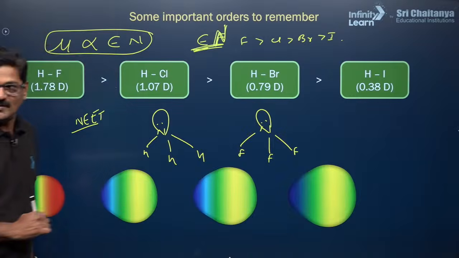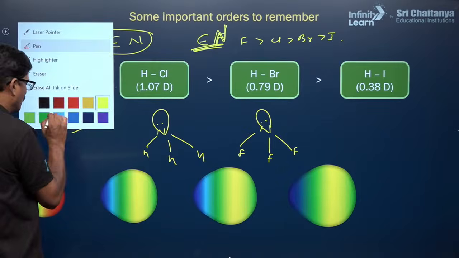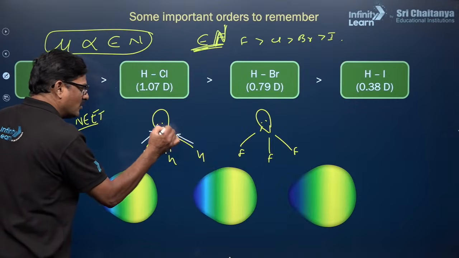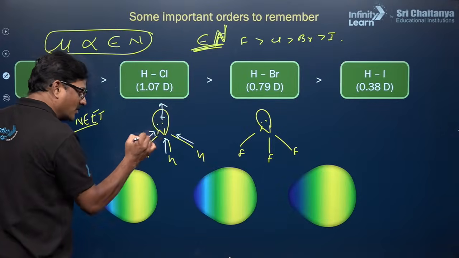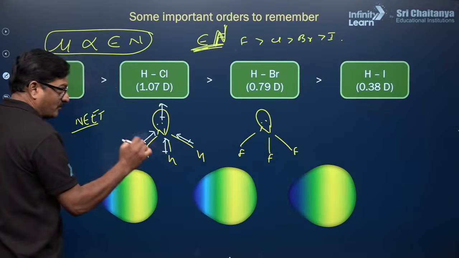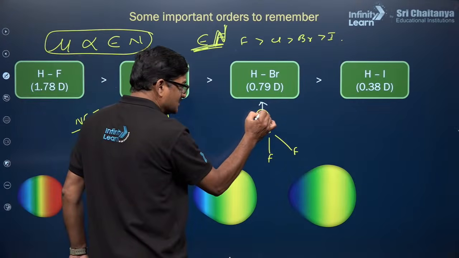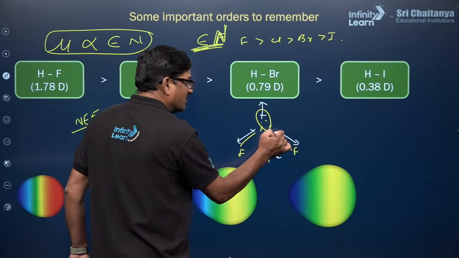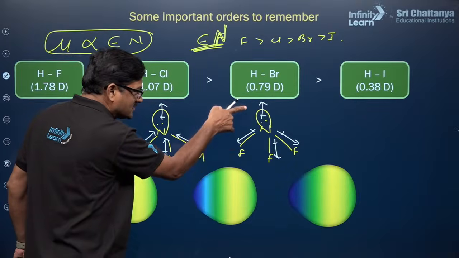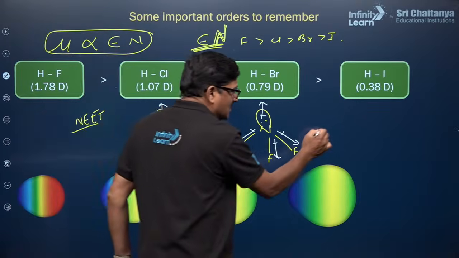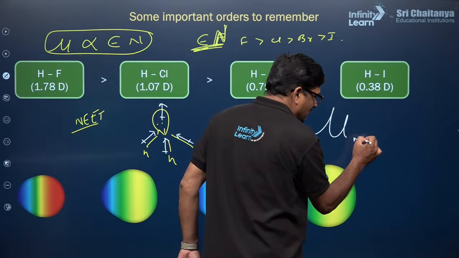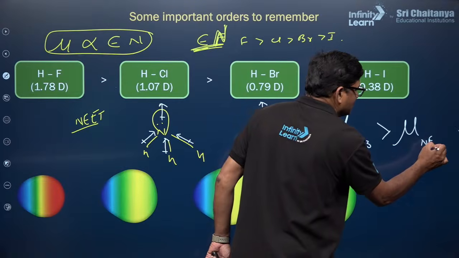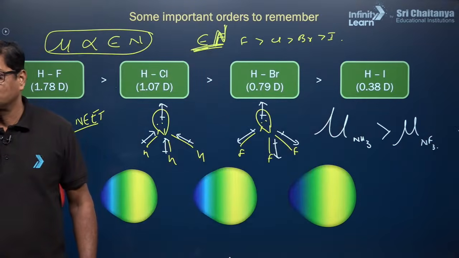In ammonia, you are going to see the nitrogen to hydrogen bond, and the lone pair is also having a bond moment, while the lone pair moment in NF3 is in a direction opposing the nitrogen to fluorine bond moment. So there are opposing forces, so the resultant dipole moment of NH3 is always greater than the resultant dipole moment of NF3. That's very important.